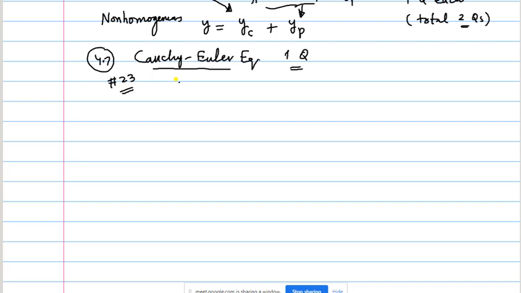Question number 23 is x squared y double prime plus x y prime minus y is equal to log of x. Okay, so why is this a Cauchy-Euler equation? Because the derivative and the power are the same.